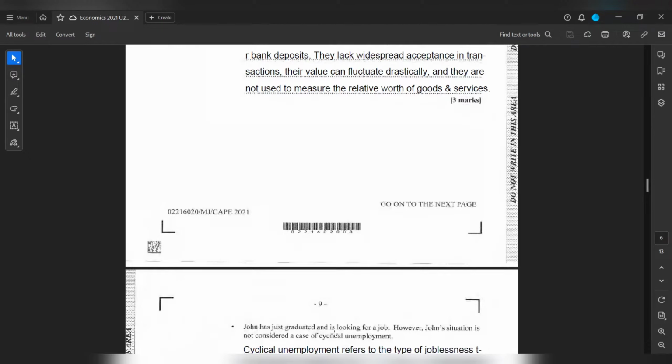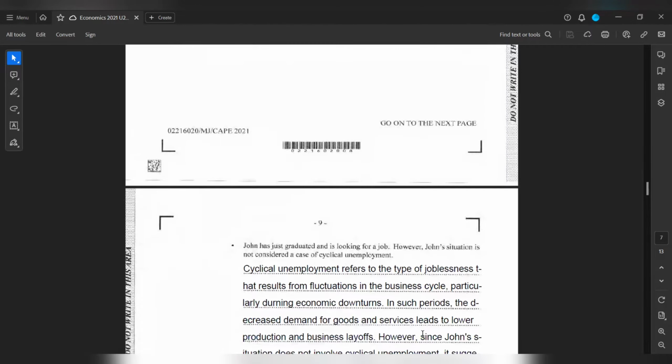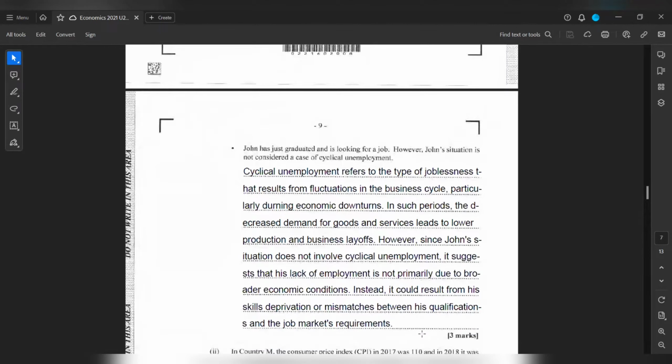John has just graduated and is looking for a job. However, John's situation is not considered a case of cyclical unemployment. Cyclical unemployment refers to the type of joblessness that results from fluctuations in the business cycle, particularly during economic downturns or recession. In such periods, the decreased demand for goods and services leads to lower production and business layoffs.